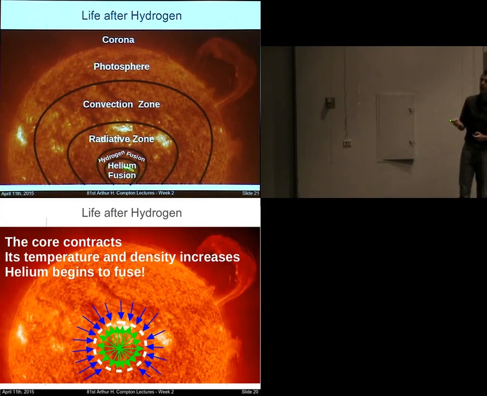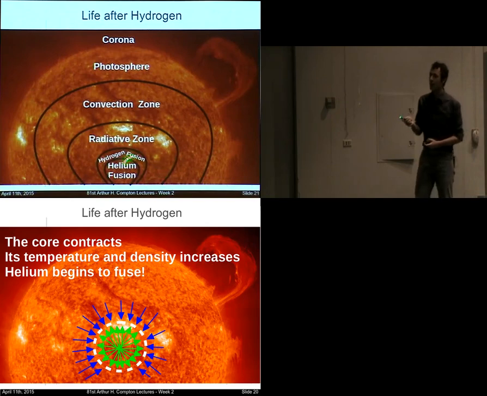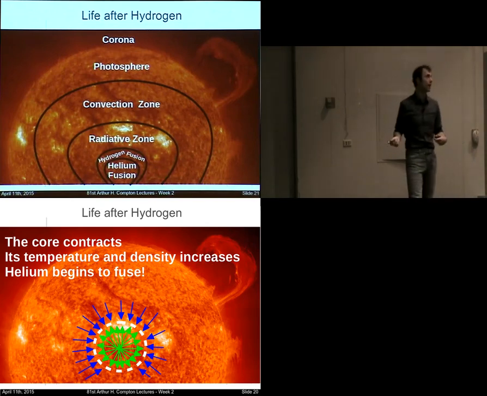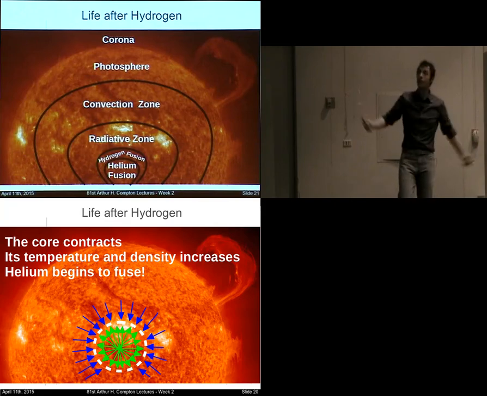So we have helium fusion happening here, hydrogen fusion still happening in the shell outside, the radiative zone and the convective zone. And the combined outward pressure from these two types of fusion happening in the sun gives us a lot of outward pressure.